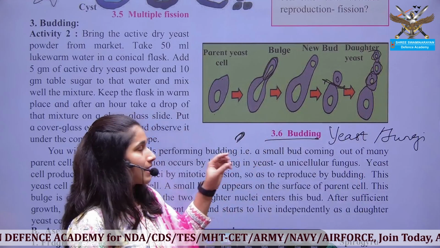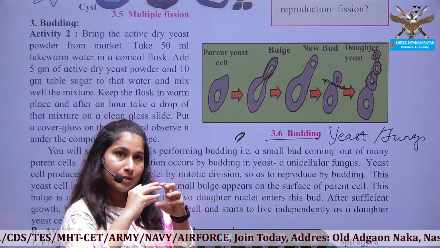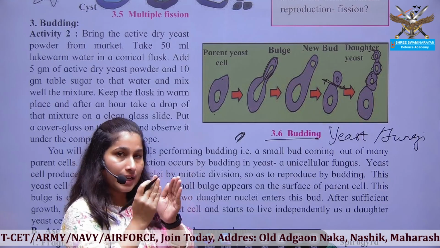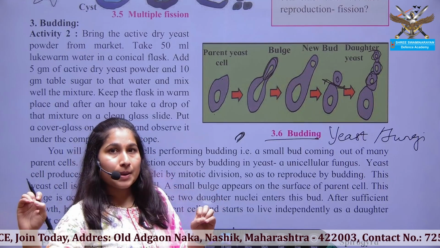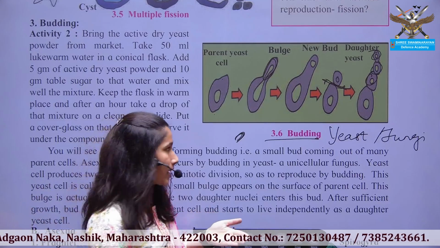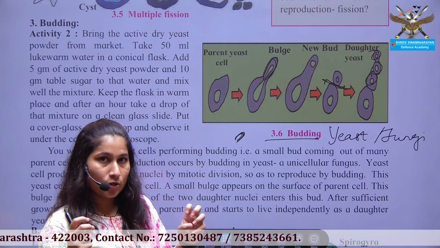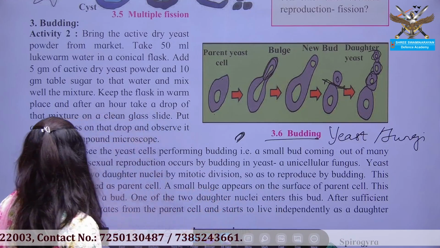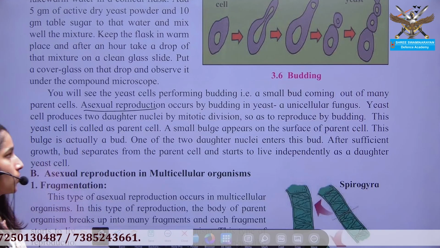In budding, simply, there is bulging in the parent organism, and this bulging increases, there is again division of nuclear and cytoplasmic material, and this bulging part separates out completely. There is no kind of cut seen in these organisms. There is just bulging, separation of nuclear and cytoplasmic materials. Yeast also shows asexual reproduction, that is a unicellular fungus.